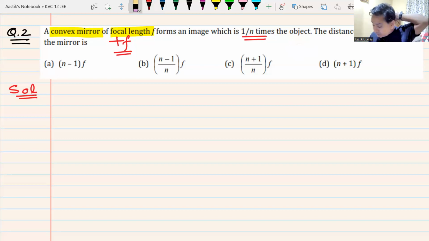Now, what type of image is formed? Nothing has been said about the image.